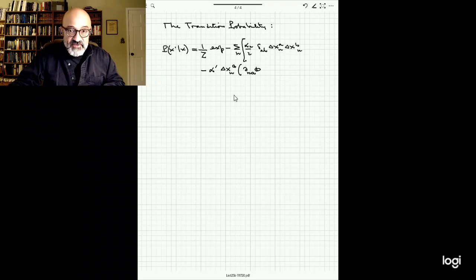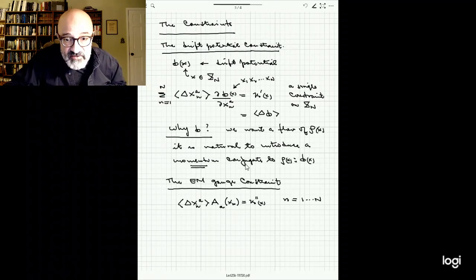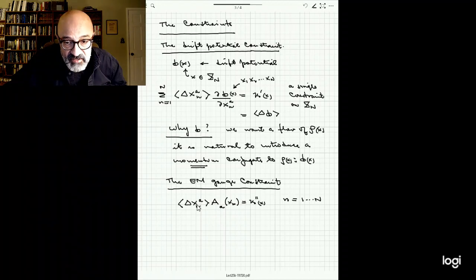Phi. That's the first constraint. And now we're going to write the second constraint. The second constraint involves n constraints. That means that each one of these requires its own Lagrange multiplier, and then it's going to involve in the exponent the delta x and the a.